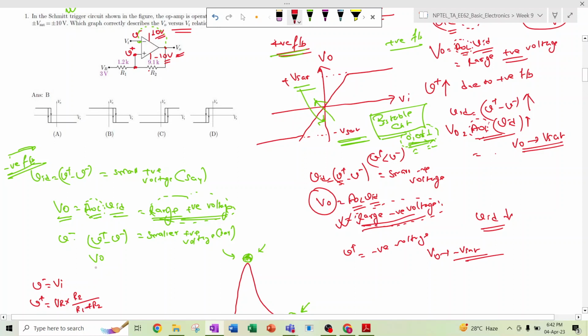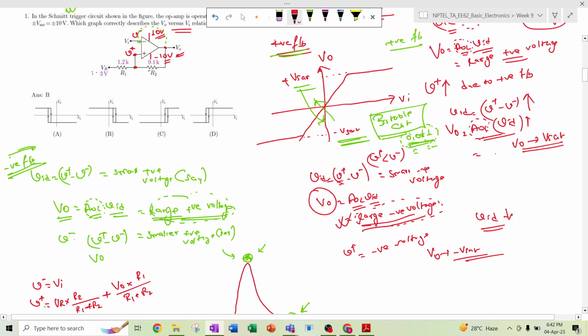Now in the second condition of the superposition, we consider VR to be 0 and VO is applied, with R2 and R1. So there is a simple voltage divider rule, and that much voltage appears at V plus. As it is a linear circuit, V plus will be the sum of these two.